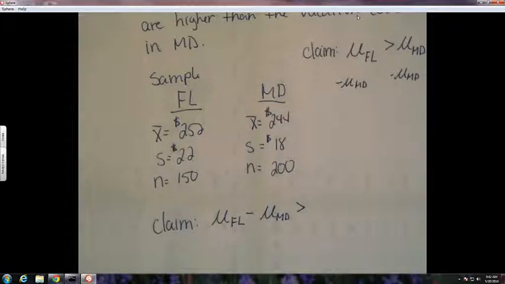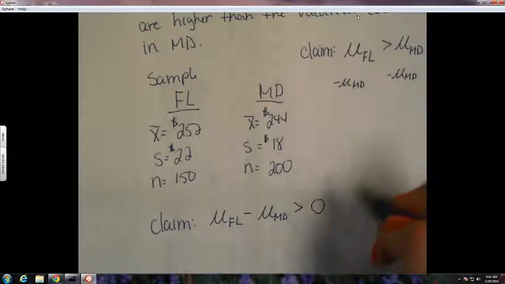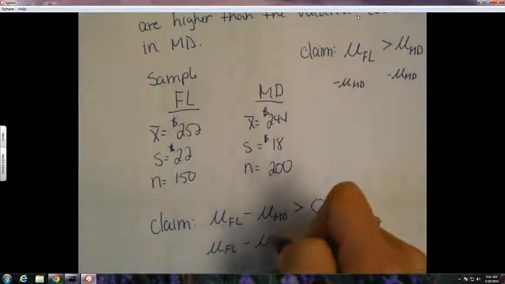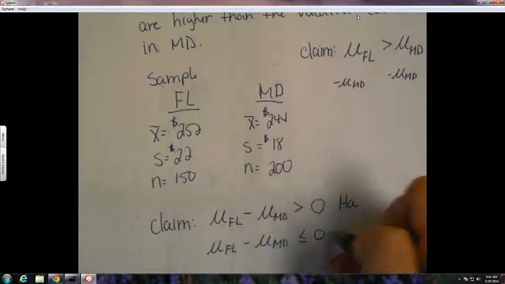What do I have it being greater than? 0. Does that make sense to you? So that makes the claim. Less than or equal to 0 is the null hypothesis.